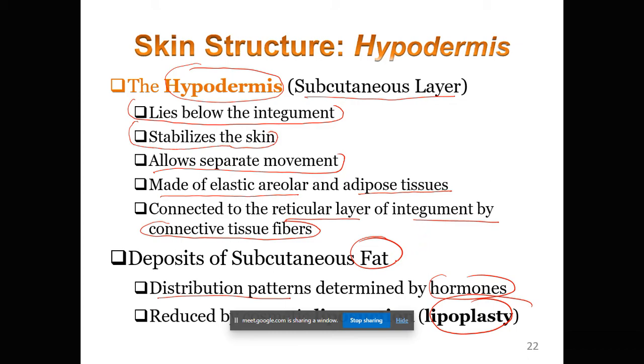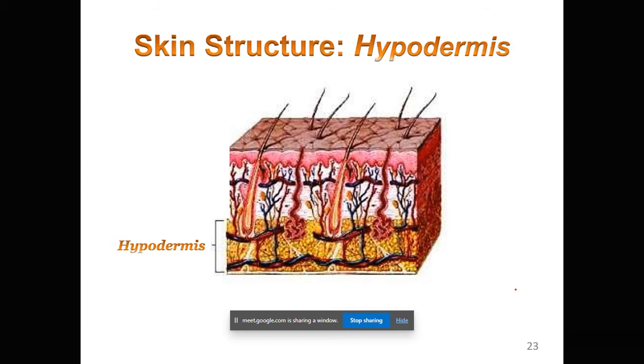Whenever a plastic surgery is done in order to reduce the fat from the body, the fat is removed from the subcutaneous layer, not the integument part of the integumentary system. This removal of fat is a type of surgery called lipoplasty, and it is done by the method of liposuction. Okay, so this is the hypodermis, which is responsible for the storage or accumulation of fat.